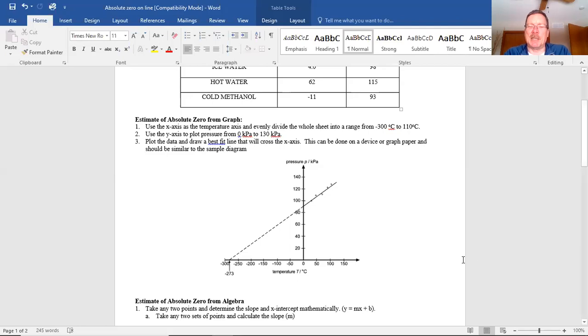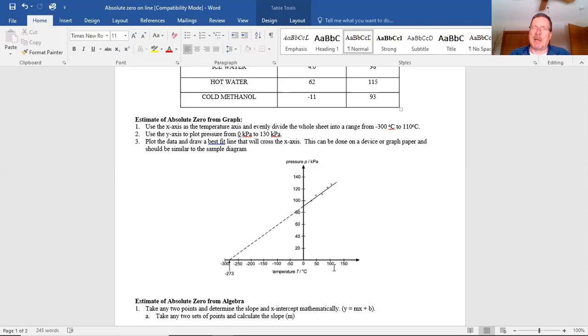But the basic idea is this, and if you're using graph paper at home, make the x-axis, it's always going to be temperature, but to get the best graph on a handwritten graph on paper, you'll want the x-axis to be the longest side.